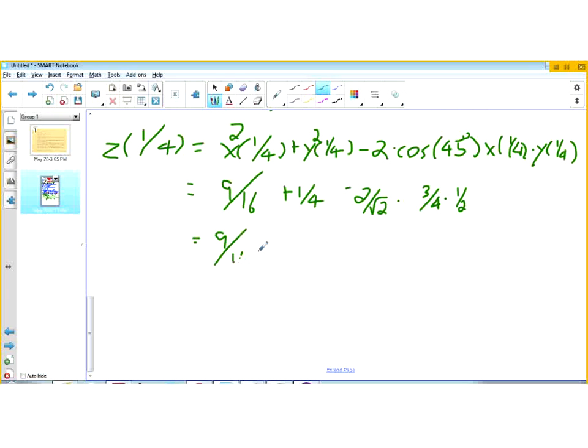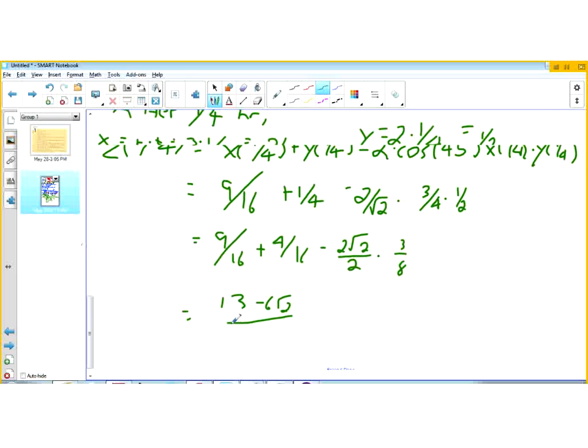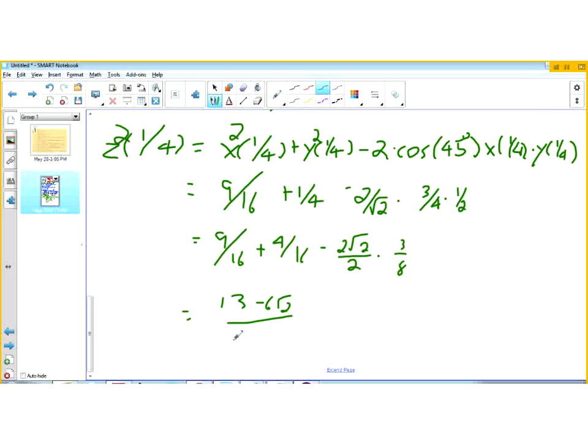So can we get a number for z at 1/4? That would equal 9/16 plus 4/16 minus 2 on the square root of 2 divided by 2 times 3/8. So that would equal 13 minus 6 on the square root of 2 divided by 16. By the way, that would be z squared. I forgot a squared. That would be z squared.